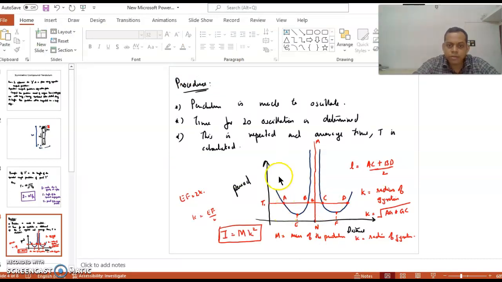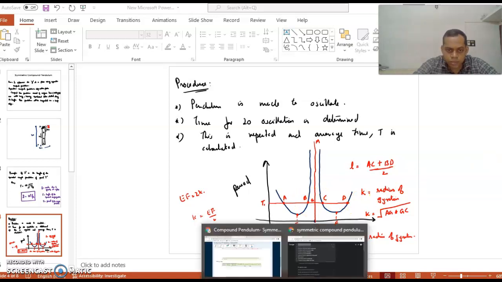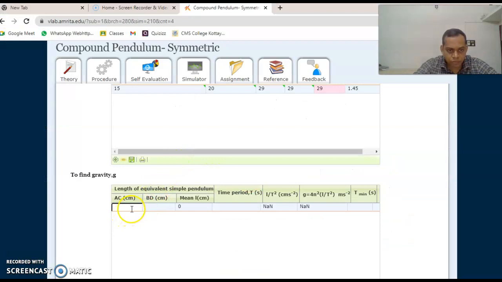Once we have got the whole reading, we will be calculating the length from the graph, which will be AC and BD. So let's think that AC will be 60 and BD will be 56 and the period will be 1.6. So with those values we almost got 8.9.